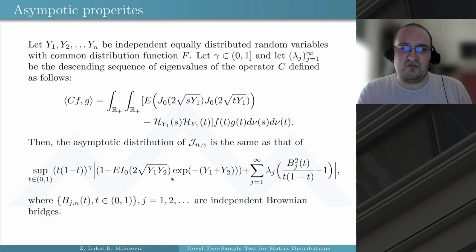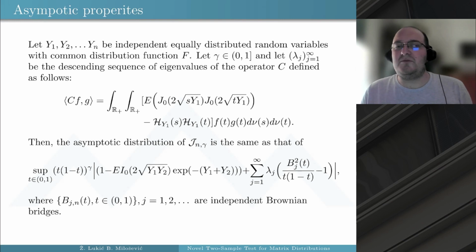Also, you need to find this expectation in here. Unfortunately, since we don't know what the underlying distribution is, we can't express it further. So we just keep it in this form.